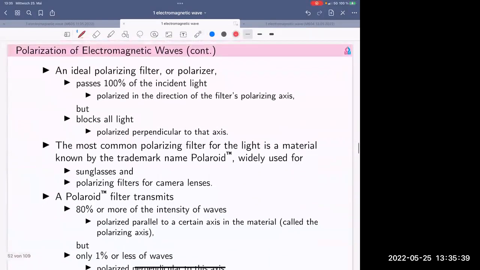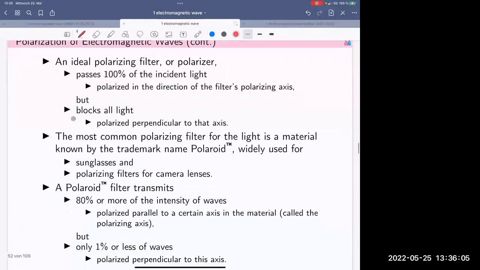Let's talk about the device that is related to polarization, and we will bring you to a closer situation. An ideal polarizing filter, or simply called a polarizer, will pass 100% of the incident light polarized in the direction of the filter polarizing axis, but block all light that is polarized perpendicular to that axis.